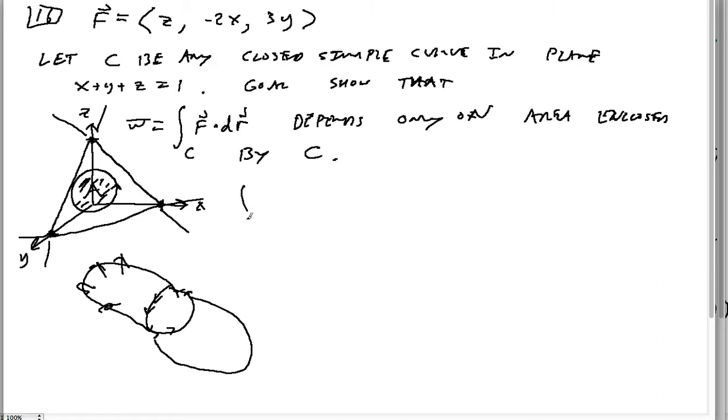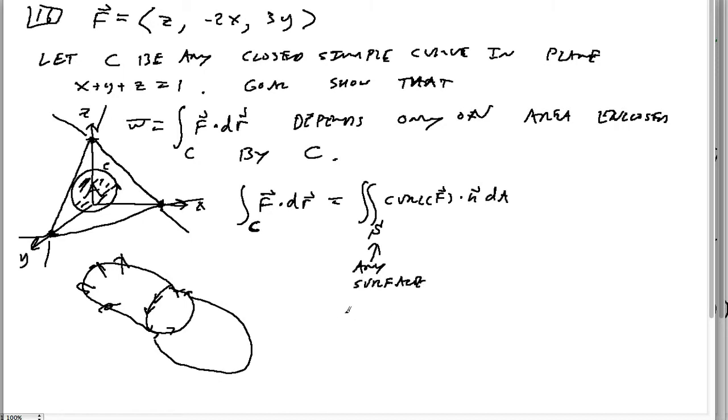So for whatever it is, we know this is true about Stokes' theorem. We can write it down that it's equal to some surface where that C curve here is the boundary of the surface, equal to the curl of F dot n dA. So that could be any surface.